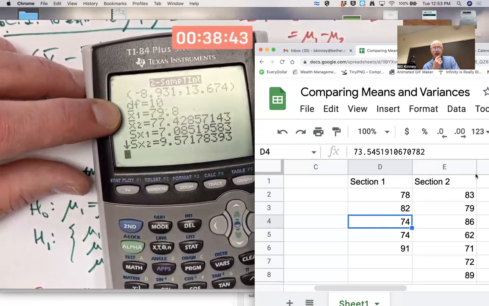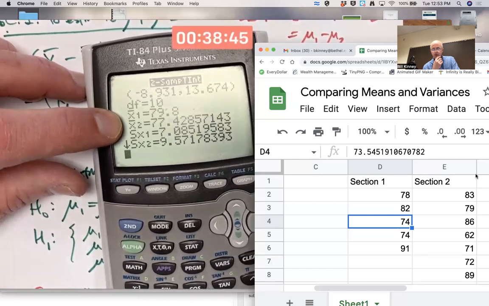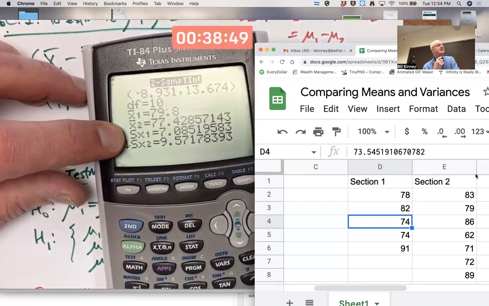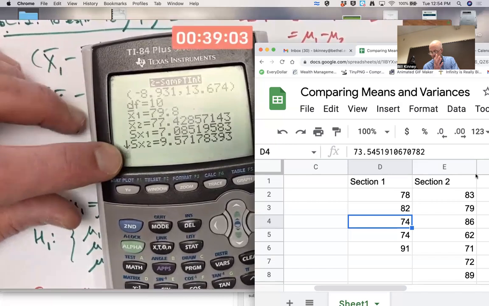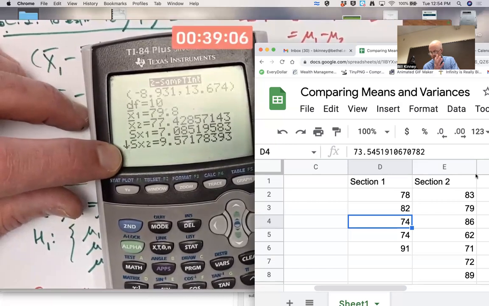X1 bar is 79.8, X2 bar is 77.43. S1, the sample standard deviation for sample 1, is about 7.1. The corresponding S1 squared variance would be that number squared, around 50. S2, the sample standard deviation for sample 2, is about 9.6.